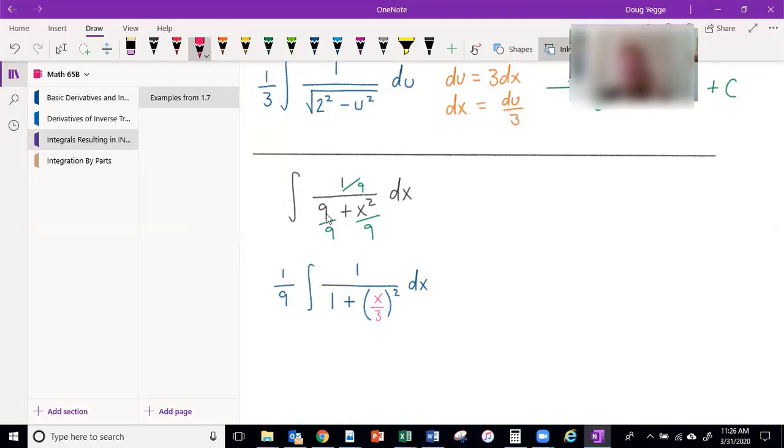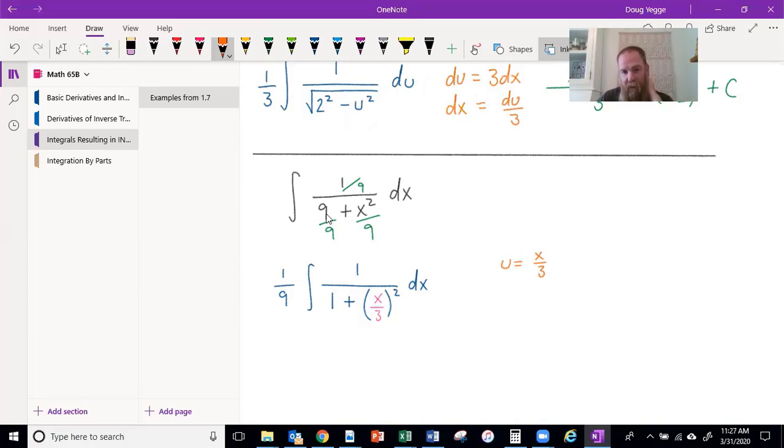Okay, cool. So what would we do at this point then? What do you think we would do to integrate this function? Let's label x over 3 as u. Good, and so let's go ahead and call that u. So u is equal to x over 3. Now again, for those that are comfortable with pattern recognition, I am totally fine with you doing that, but it sounds like some may not be.